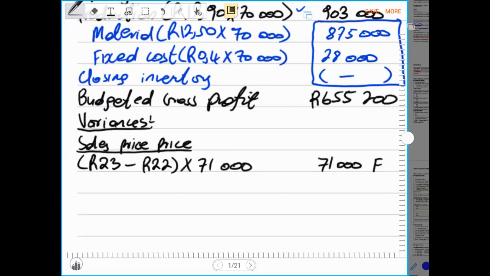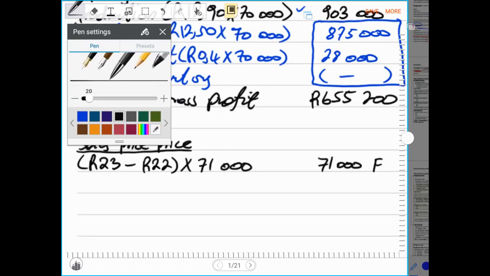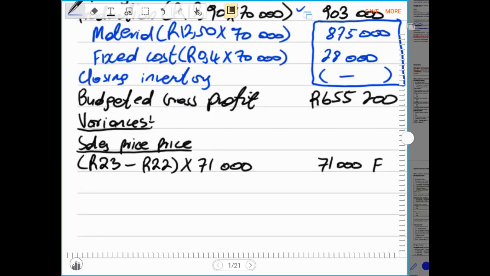At the same time, if we wanted, we could have used the other dimension of this variance, where we take the actual sales of 23 rand, times this by 71,000, which was our actual sales. Then we minus the standard sales, and our standard sales will be 22 rand, times this by the actual sales units of 71,000.